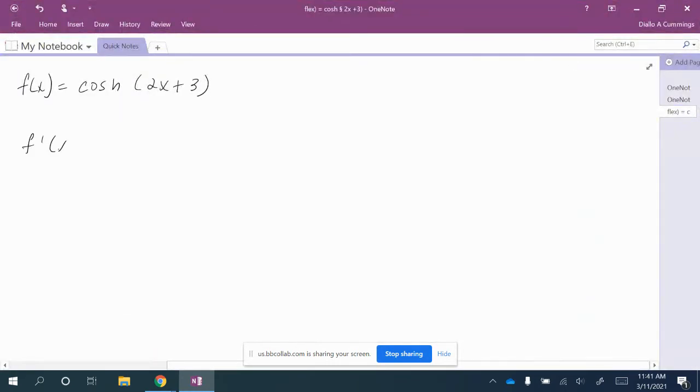So in order to find f prime of x, I'm going to take the derivative of the outermost function. So I'm going to leave the innermost function alone. So if I take the derivative for the outermost function, right, the derivative for the hyperbolic cosine.